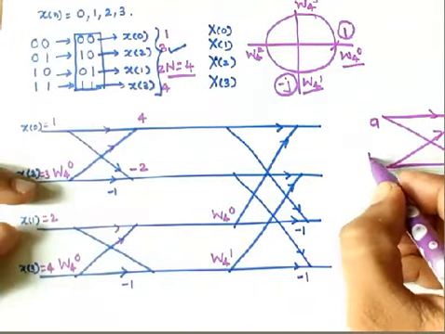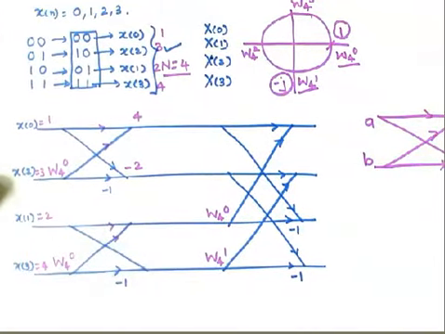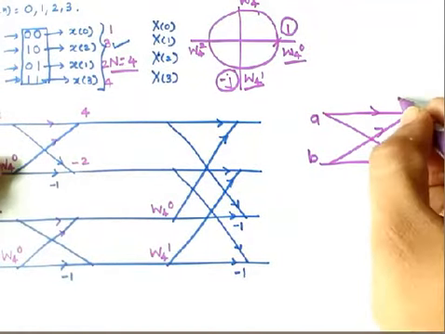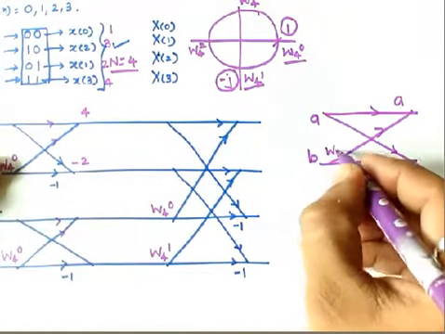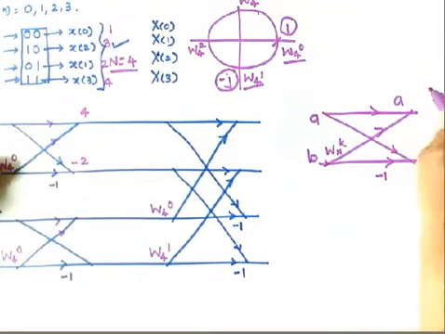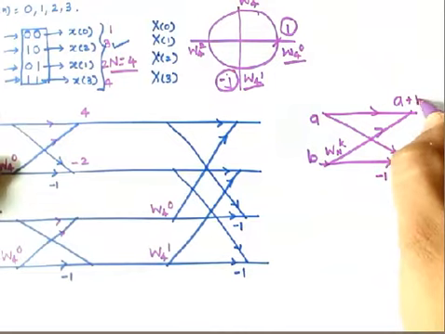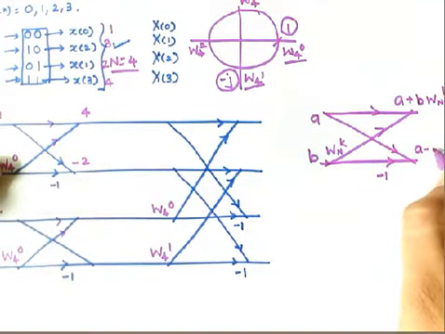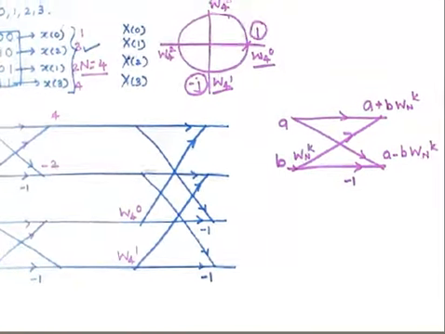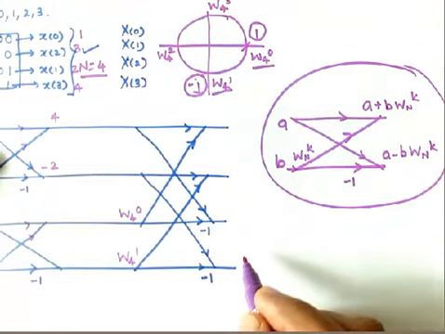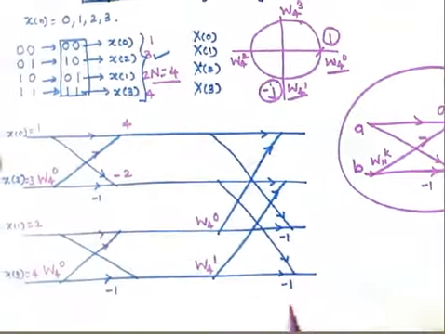If this is A, this is B, and let's assume W N raised to k, and this is minus 1, then the outputs are A plus B times W N raised to k, and A minus B times W N raised to k. This is how this butterfly is applied to solve for the output values.